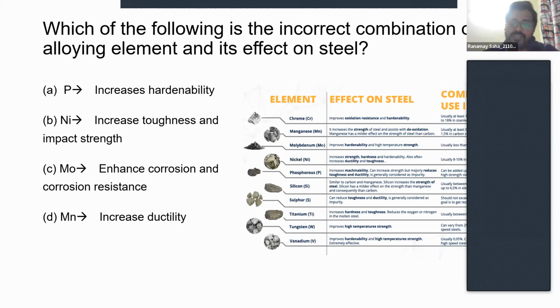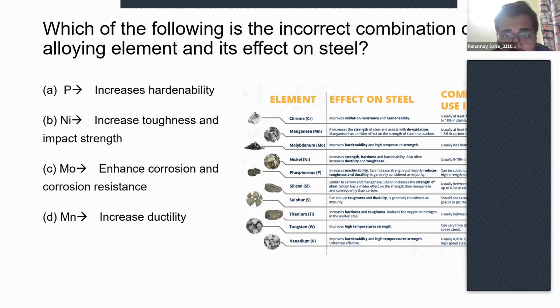For example, when you need to use steel in an aircraft or jet engine, it should have high resistance at high temperatures. In jet engines, a very high temperature is reached, sometimes around 700, 800 degrees also.